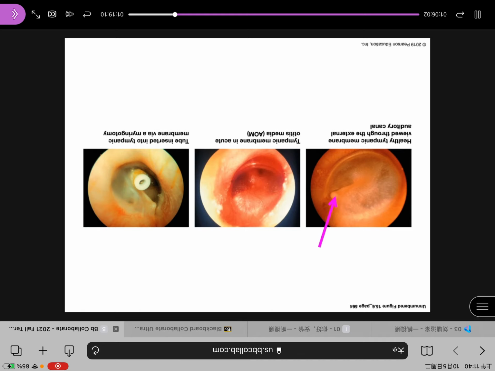But here you can see some examples of damaged eardrums, damaged tympanic membranes. One from an infection. You can see that it's very swollen and red. Redness, dark redness, bright redness usually means inflammation and infection. Okay, and here's another example of someone who damaged their eardrum. Maybe they stuck something in their ear.